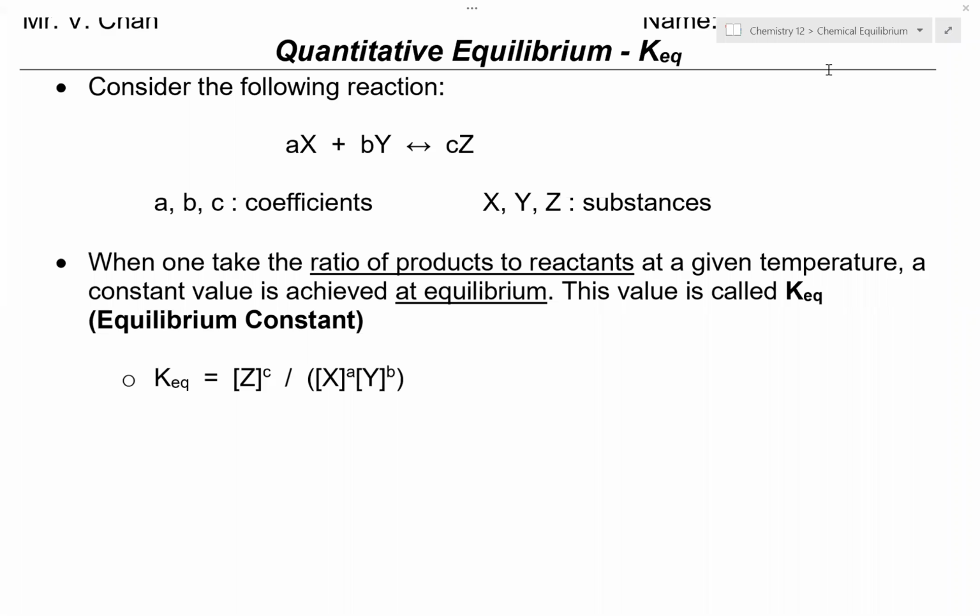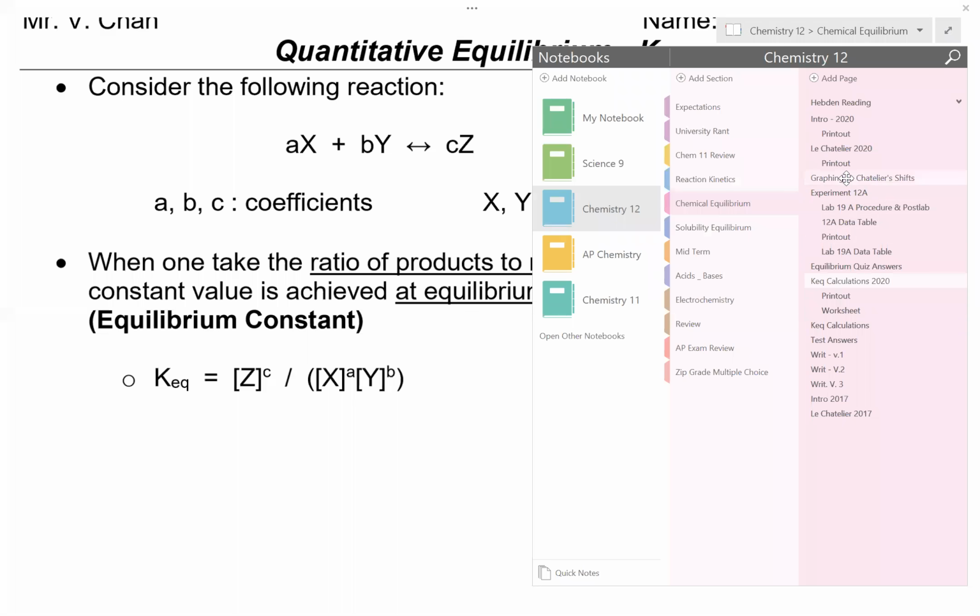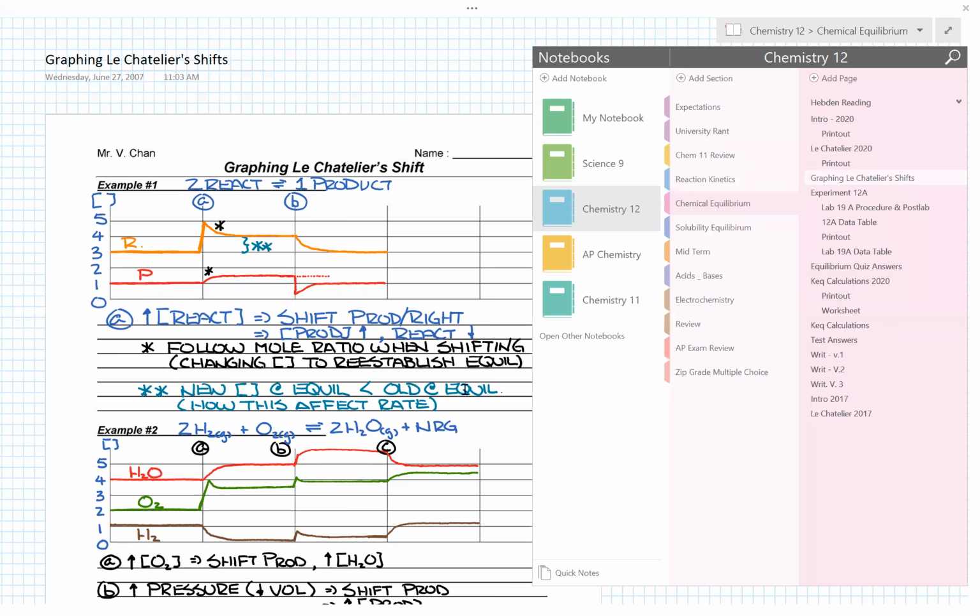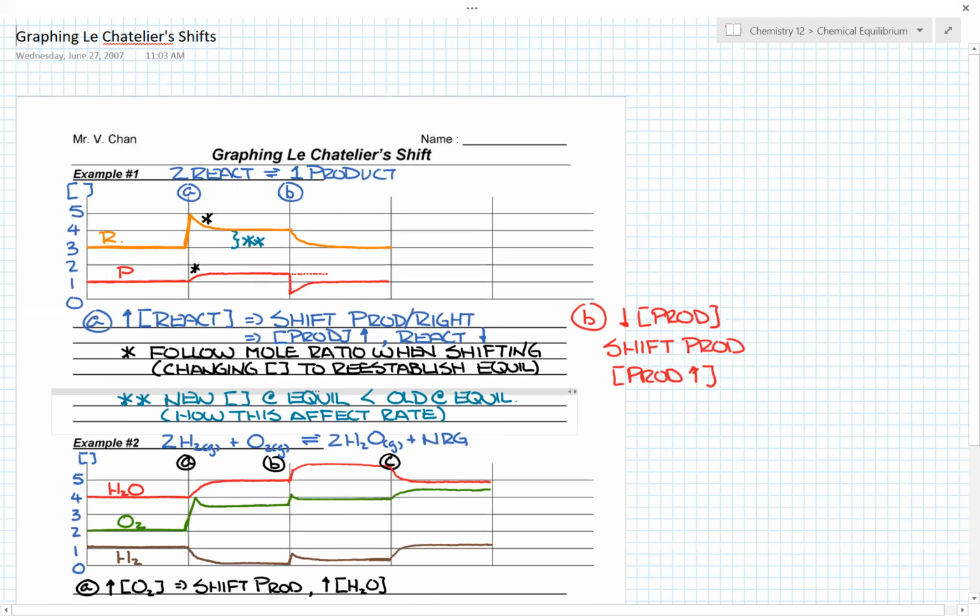This is Mr. Chan. And today what I wanted to do was talk about something called quantitative equilibrium, or KEQ. Now, recall back when we were doing graphing equilibrium, when we were graphing our Le Chatelier shift, remember we had some questions.